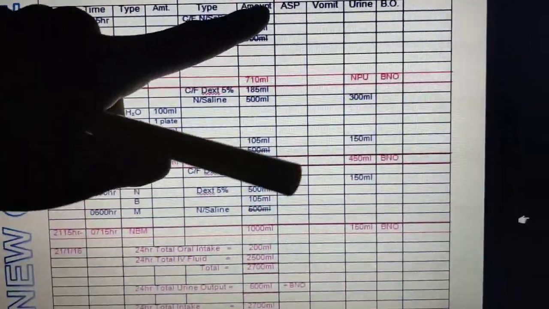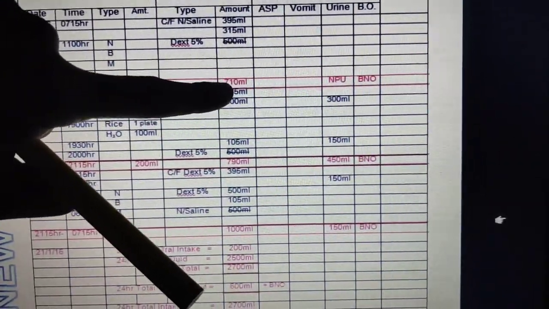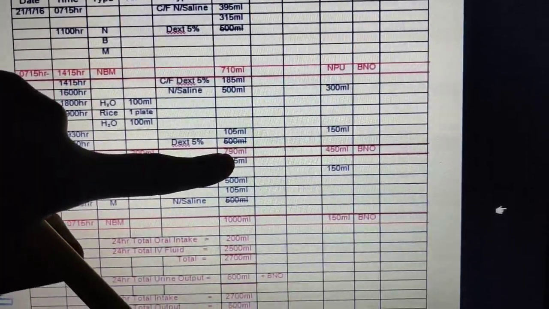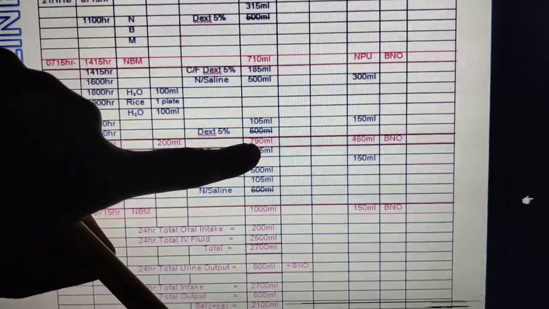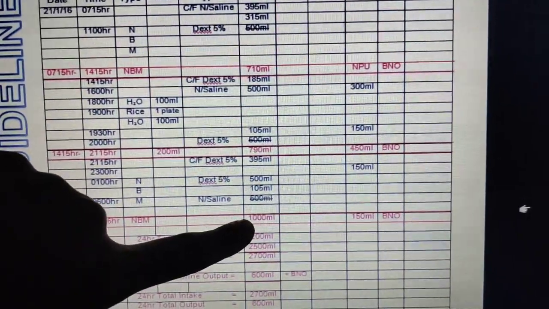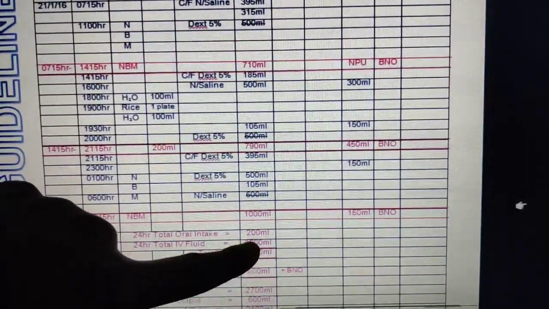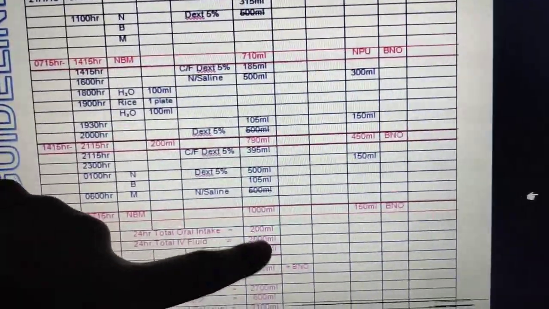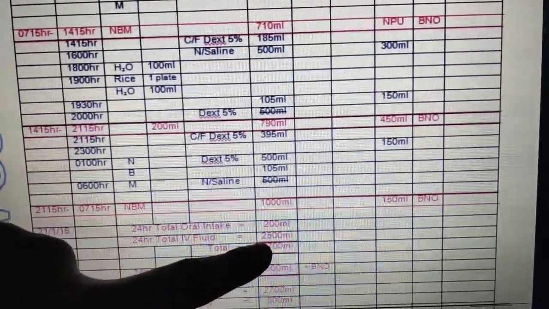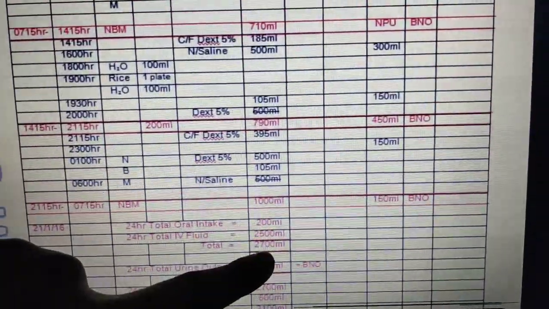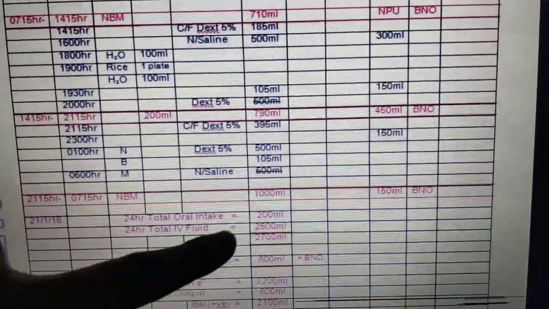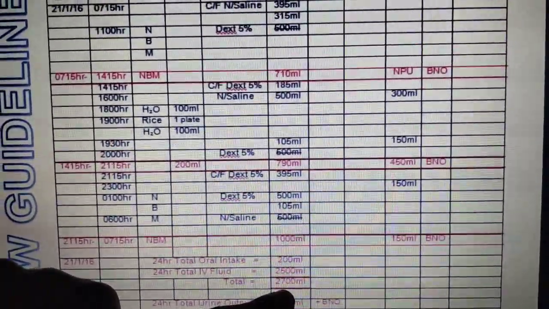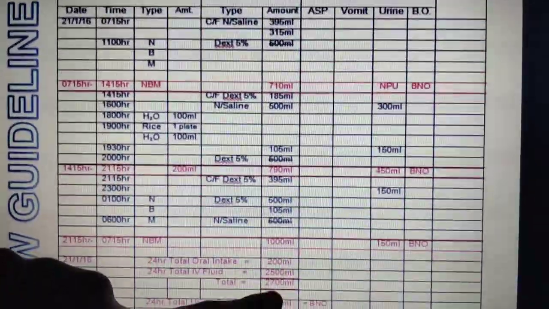See, parenteral how much? 710 plus 790 plus 1000 together is how much? 2500. Clear, no? So total is how much? 200 plus 2500 is 2700. This 2700 we call the total intake of fluid per 24 hours.